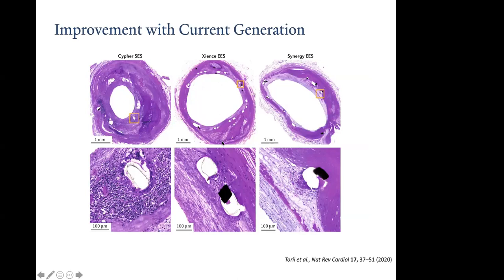As compared to a second generation Xience, where you have a thinner scaffold, this is kind of mirroring that figure that I showed of just kind of an optimal result for what you would want for a stent, where you have this thin layer of intimal coverage without significant intimal proliferation. And you see the same thing with the Xience stent, where you have the stent struts, a thin layer of intimal coverage, but either way, a preserved lumen in both cases, which is significantly different than what was seen with that Cypher stent.